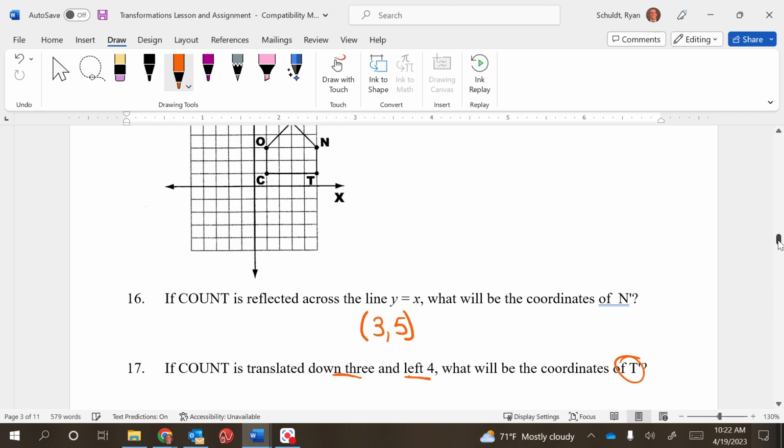So go to T. We want to go down 3. 1, 2, 3. And left 4. 1, 2, 3, 4. Here's the new T right here. There's T prime. What are the coordinates? 1, negative 2.